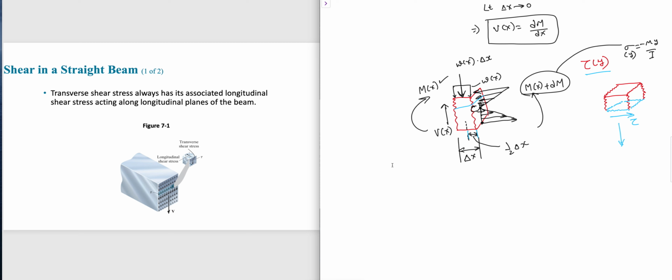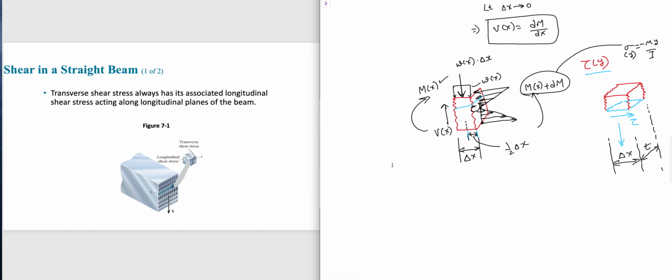And by the way, never forget the dimensions. This is dx, or delta x, and what is this supposed to be? That is supposed to be the thickness, t. It may not be constant. If it's a rectangular cross section, thickness is constant. But what about I cross section? Thickness is not a constant. Let's keep it t. That's the thickness.